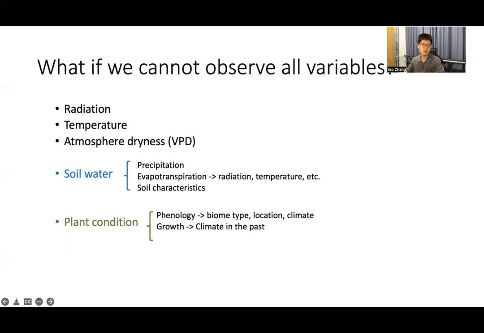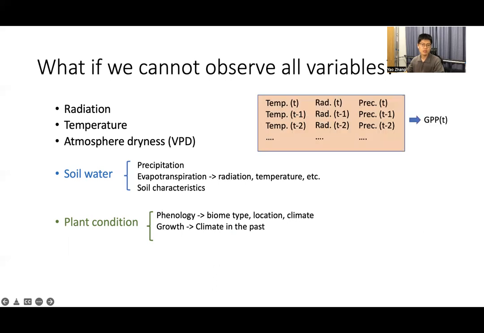Evapotranspiration is a function of radiation, temperature, etc. And the plant is also affected by phenology and growth, both of which are affected by biome types, climates, and locations. So one solution is that in order to predict the current GPP, we need to use not only the concurrent climate at time t, but also climates from the previous time steps, for example, t-1 and t-2.